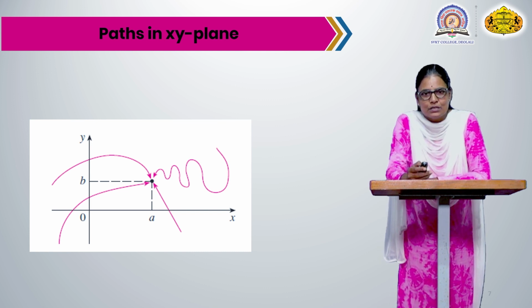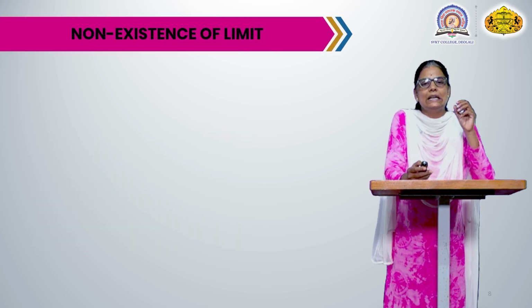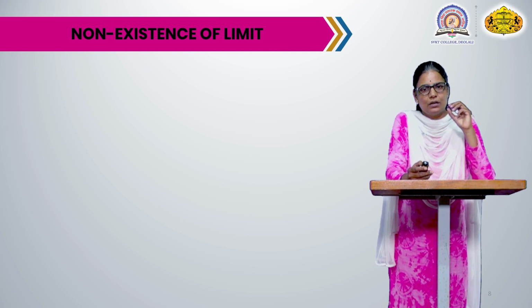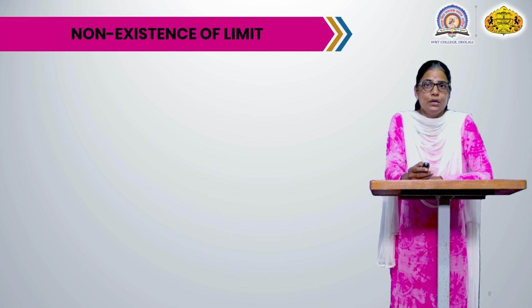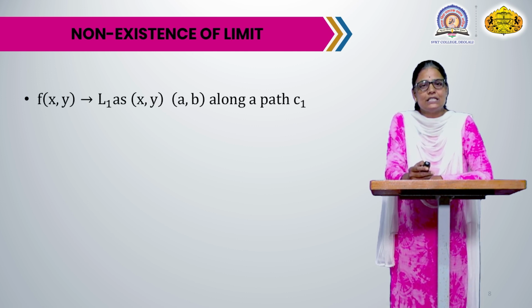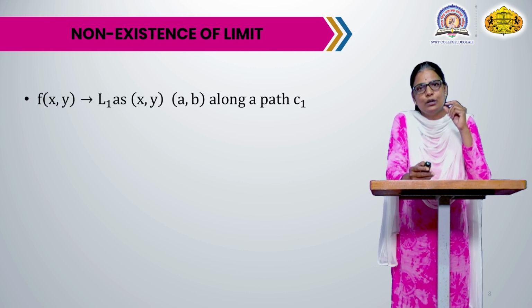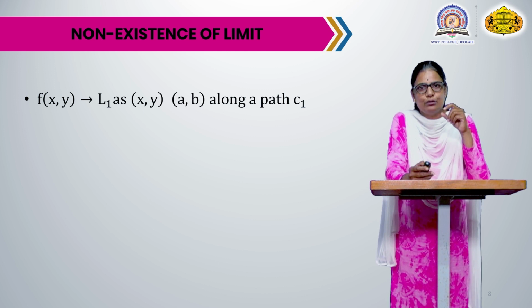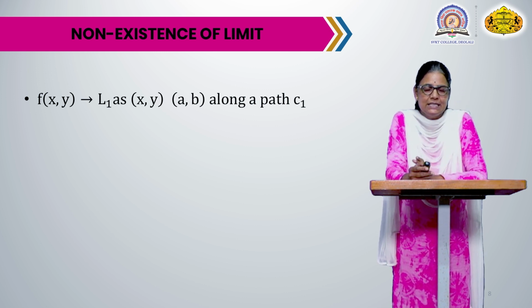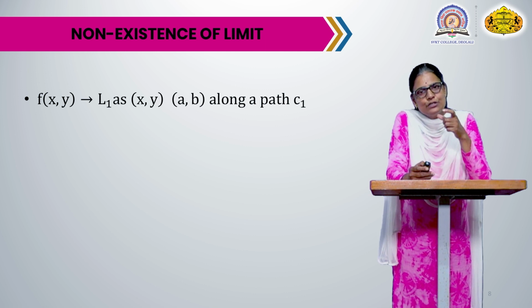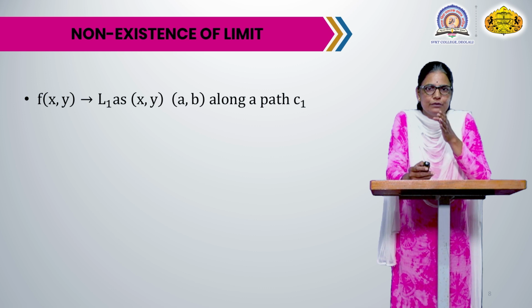Suppose we want to show that the limit does not exist in case of function of two variables. In that case we have to find two paths such that along those two paths the limit of the function is different.